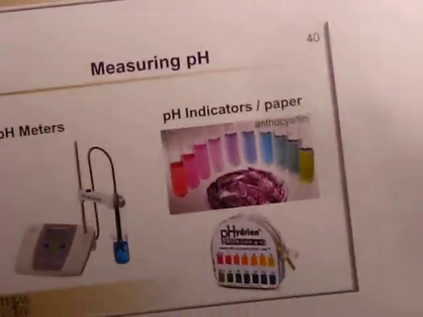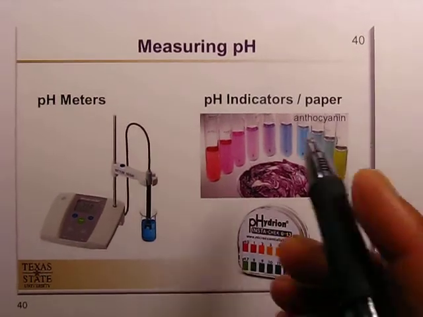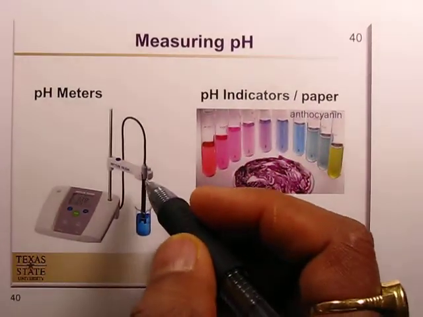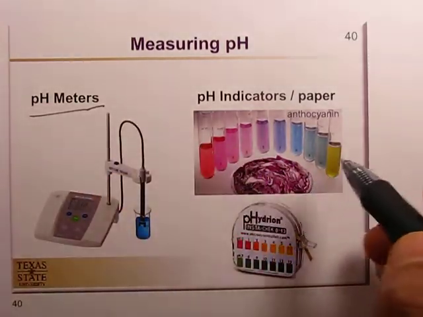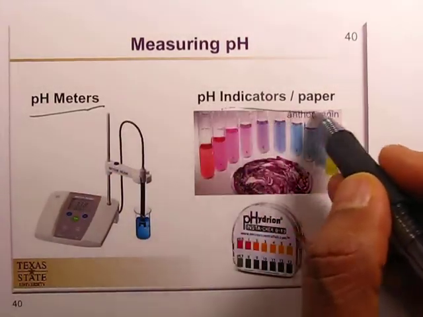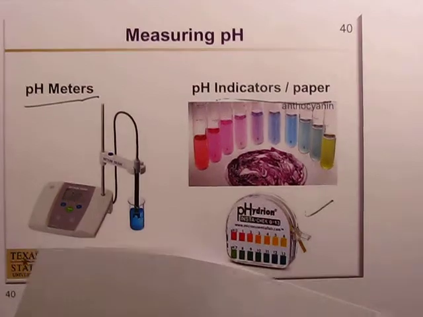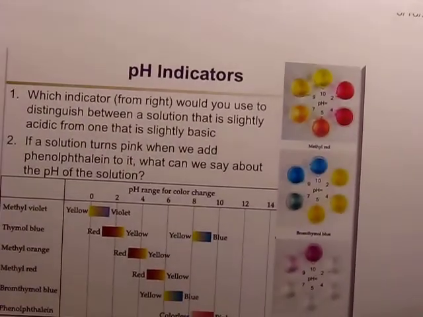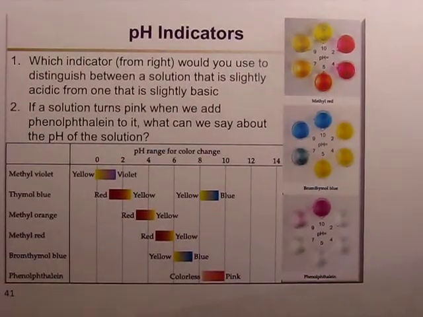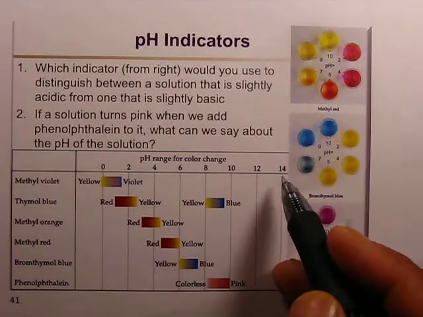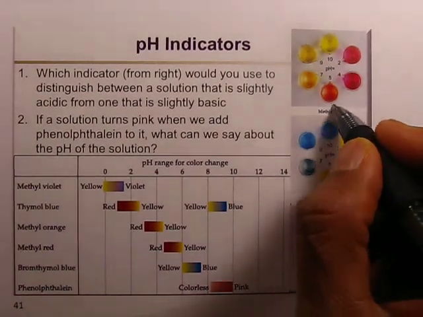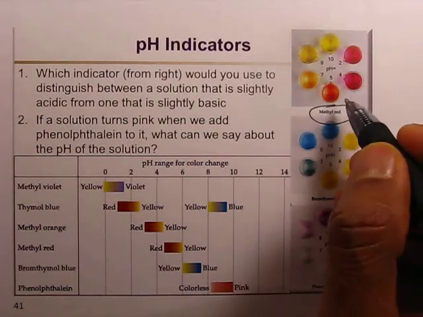I would like to show you one more slide, on measuring pH, how we measure the pH in the lab. We usually use a pH meter, and there are some pH indicators which we use to find out the hydrogen ion and hydroxyl ion concentration. Among the important pH indicators, there is methyl red.